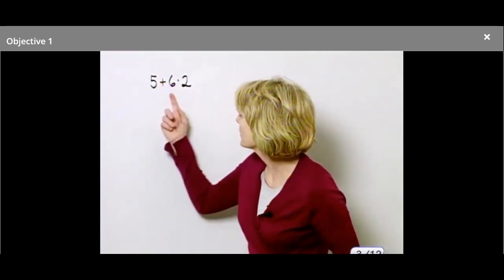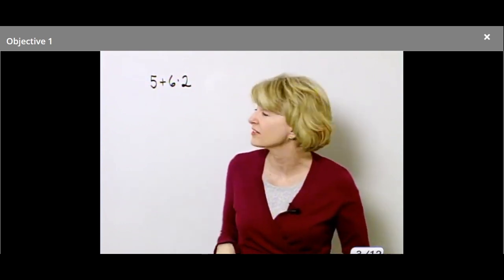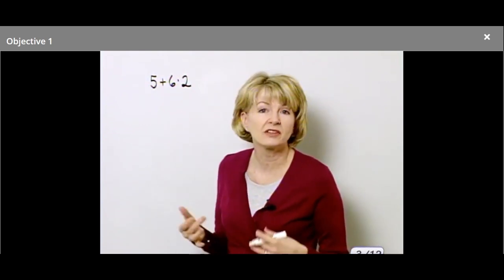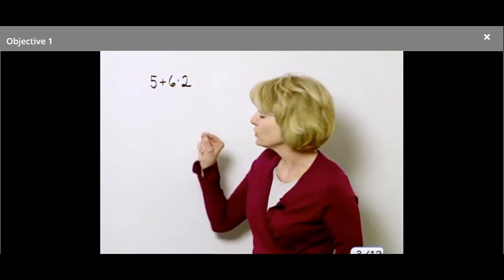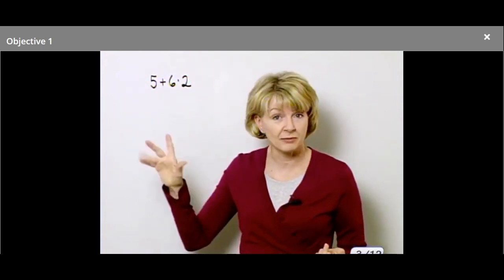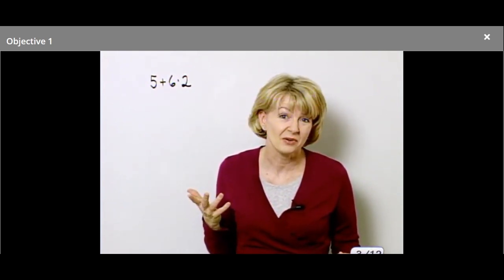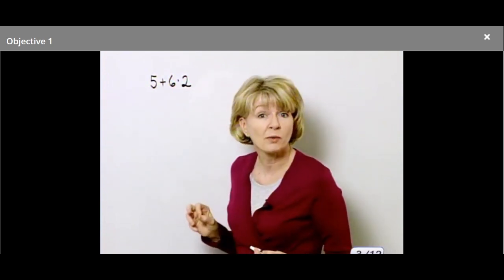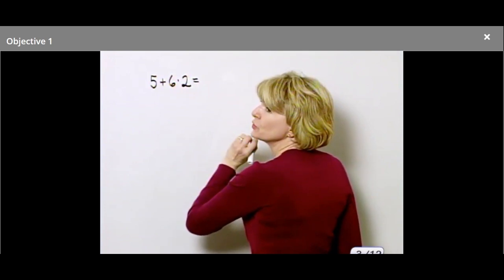So let's go back to our expression again, and let's now correctly evaluate this expression. We have no grouping symbols, no fractions, no parentheses. So let's go in order. Do we have any exponential expressions? The answer is no. Secondly, we perform multiplications or divisions in order from left to right.